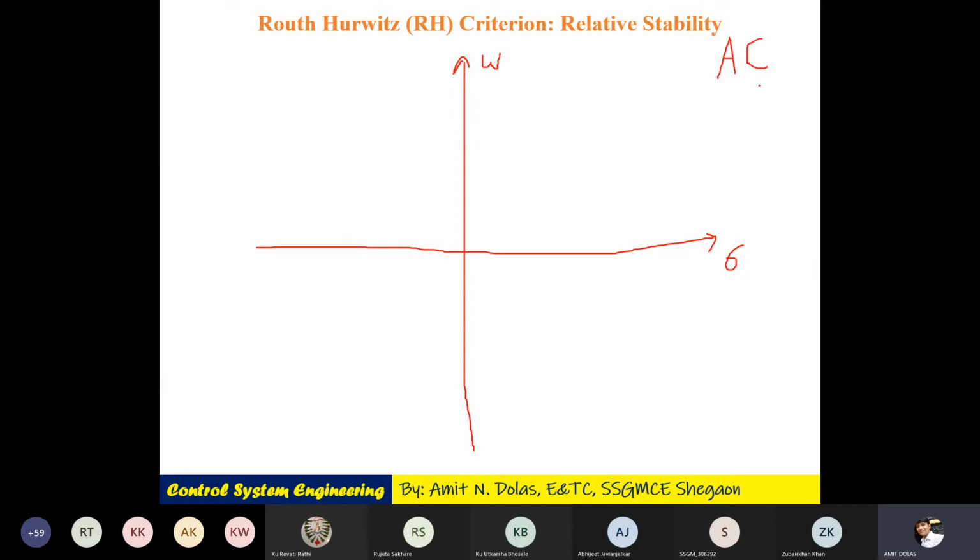I have an air conditioner in a room or cabin, and the roots of that system are, say, minus 0.1 plus minus j1. So where will they be located? Somewhere here near the imaginary axis. This is minus 0.1, and somewhere here your roots are located, that is minus j and plus j.